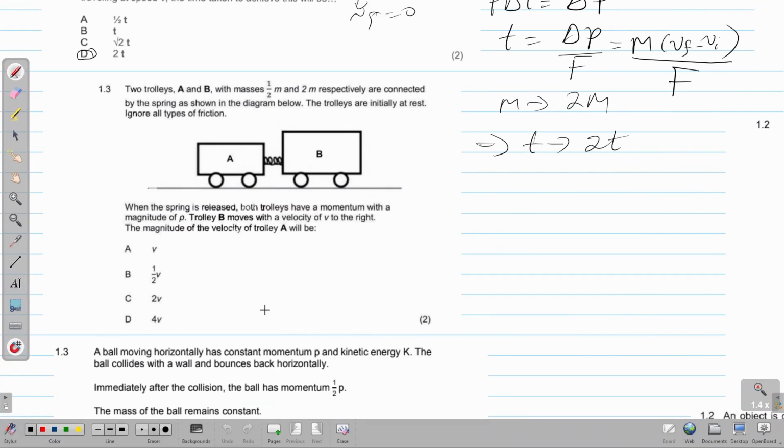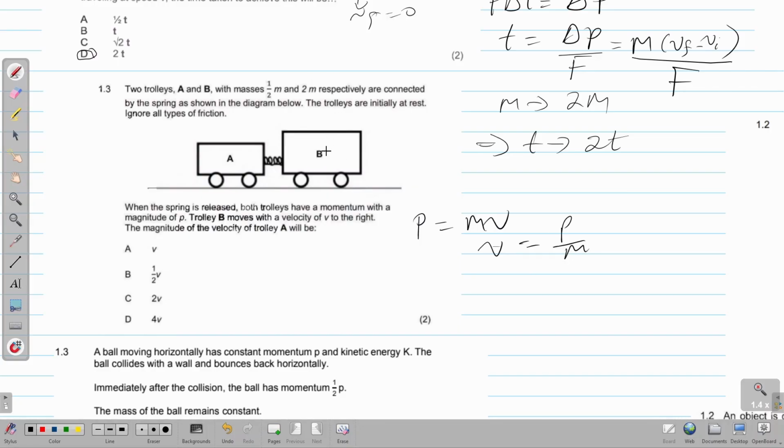So we must first write the equation for momentum. The equation for momentum is p equals mv, and we want to determine the velocity of trolley A in terms of the velocity of trolley B. So we will write this equation as v equals momentum divided by mass, and we read it as velocity is inversely proportional to mass.